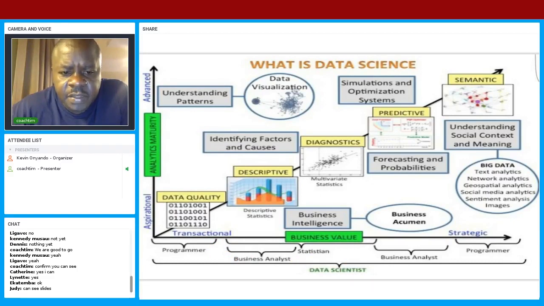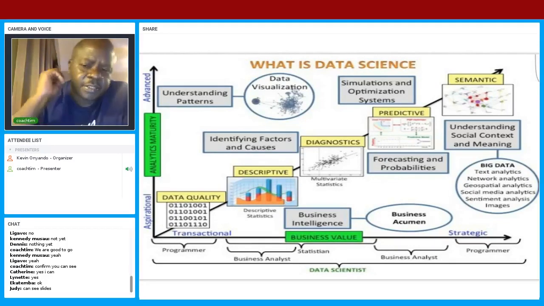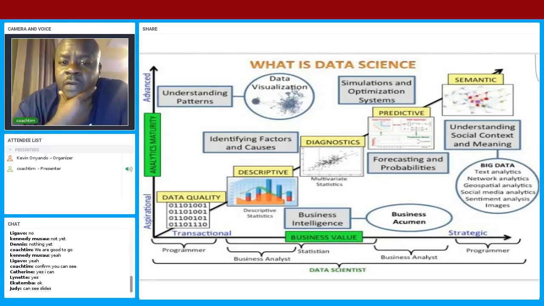For example, at the first tier is a programmer, the second tier is business analyst. We have a statistician role, and then there's a business analyst role. On the extreme end is also a programmer role. Yeah. We also have a representation in terms of the analytics maturity.